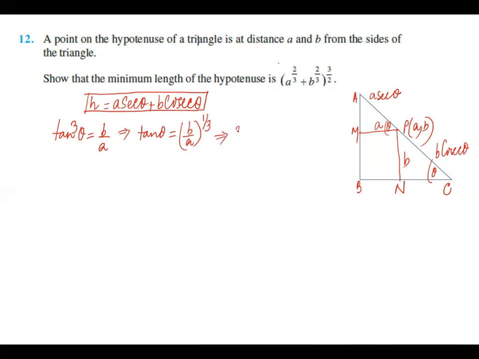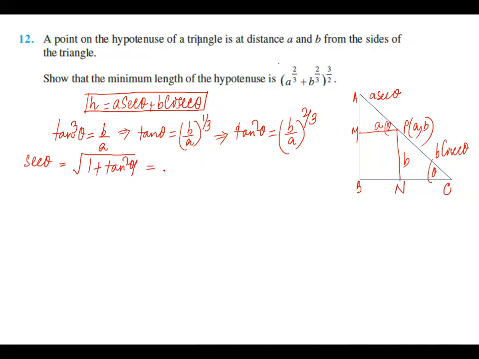or tan square theta is equal to b by a to the power 2 by 3, or sec theta is equal to how much? It is under root 1 plus tan square theta.